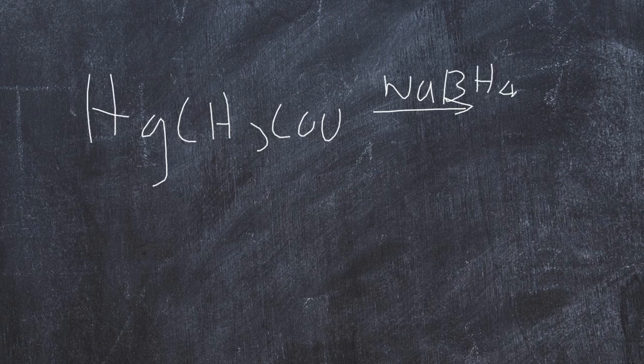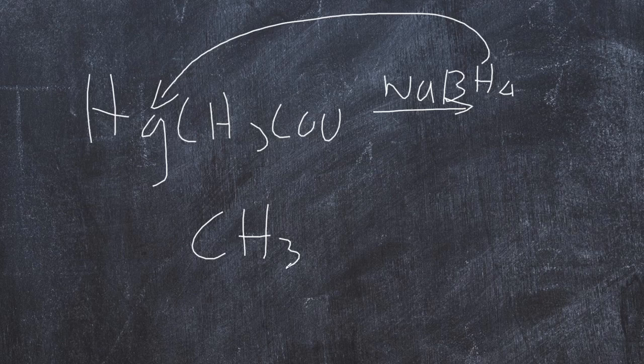What's going to happen is a hydrogen from this reducing agent will displace the mercury from the mercury salts, and lead to the formation of an alkanoic acid. Now this ethanoic acid and mercury is what's going to be formed.